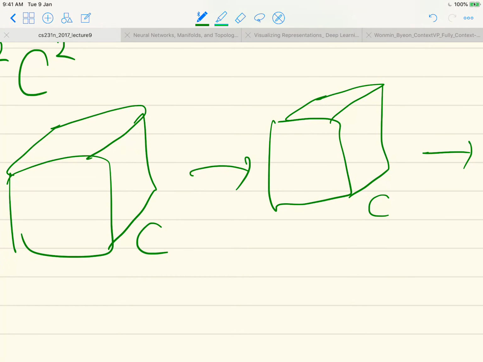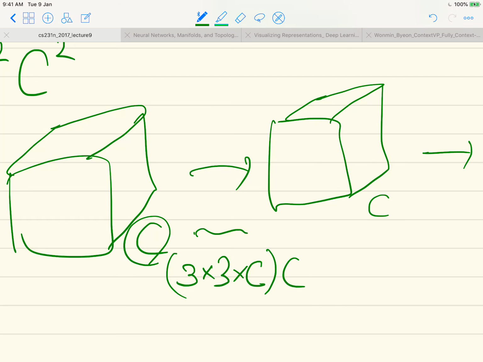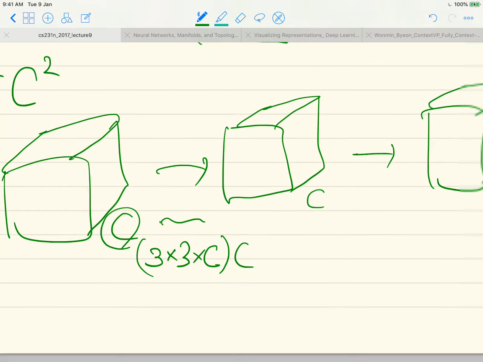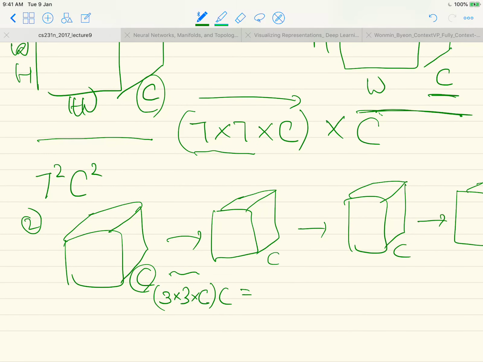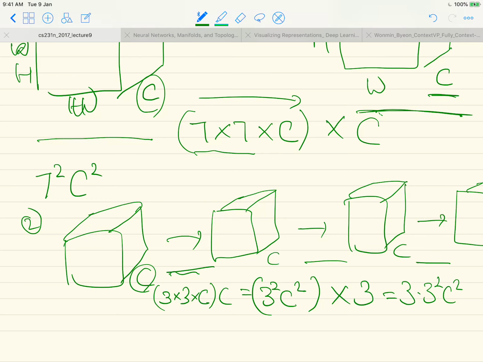In this first layer, how many parameters do we need? 3 by 3 is our filter size, and this is an input, and this is an output, right? Overall this is 3 squared, C squared, and we need 3 different layers, so we need 3 sets of this many parameters. Overall, 3 times 3 squared, C squared.